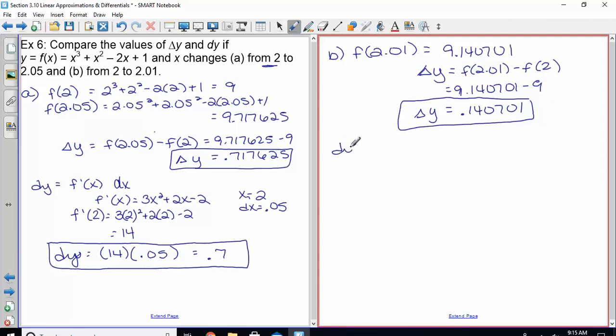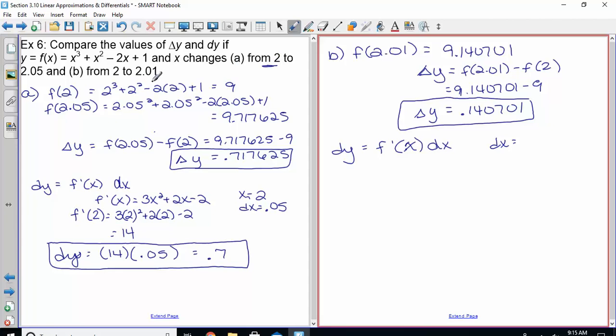dy would be f prime of x dx. The dx this time, we started at 2 and ended at 2.01.